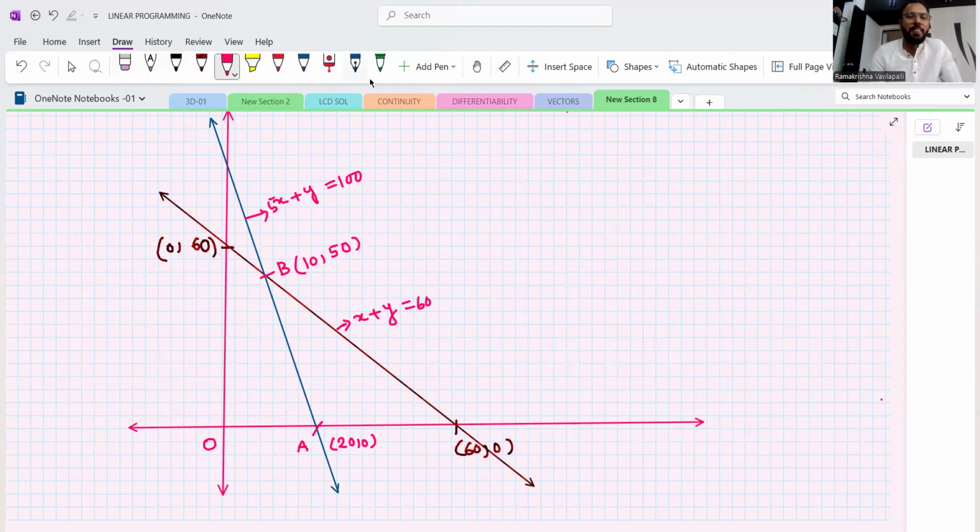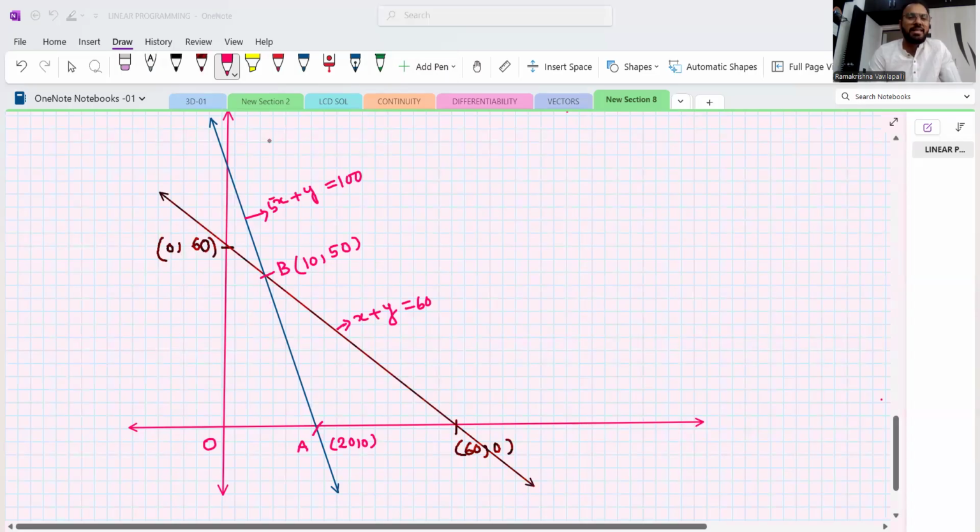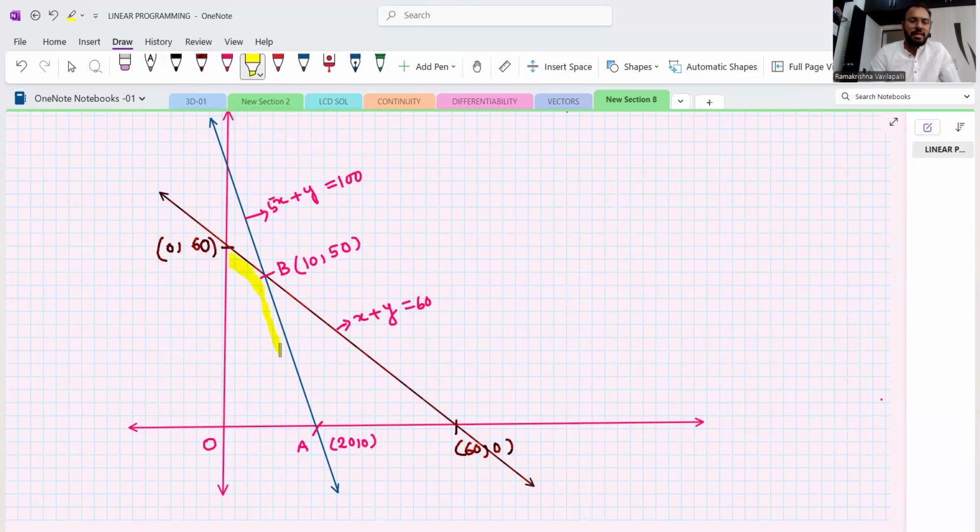So here this is our required region. In mathematical terms, this required region is known as the feasible region.